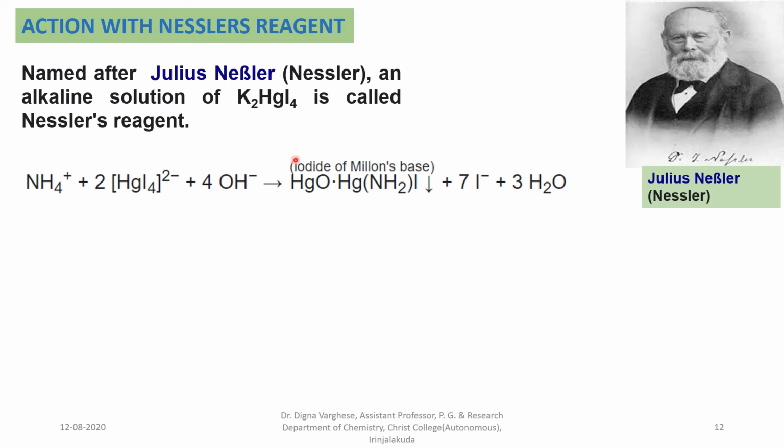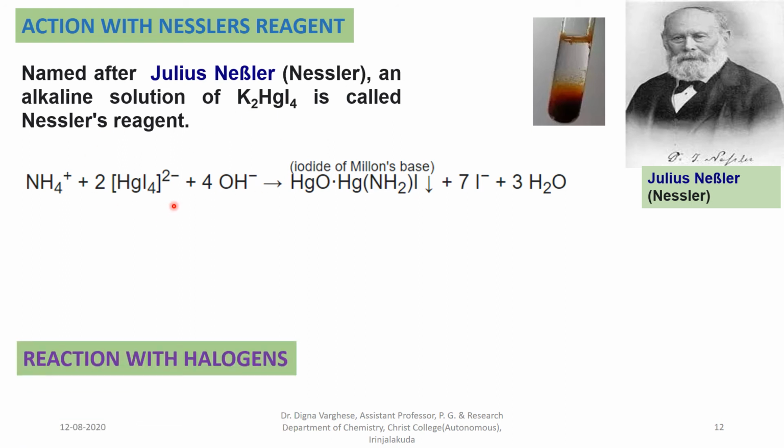It will give the iodide of Millon's base. It is reddish brown in color. Iodide of Millon's base is actually the mercuric oxide mercuric amino iodide adduct, and this reaction is usually used for the test for ammonium salt in inorganic qualitative analysis.